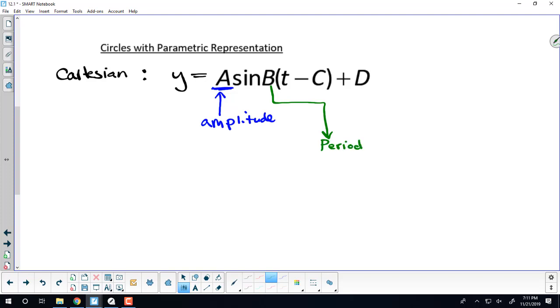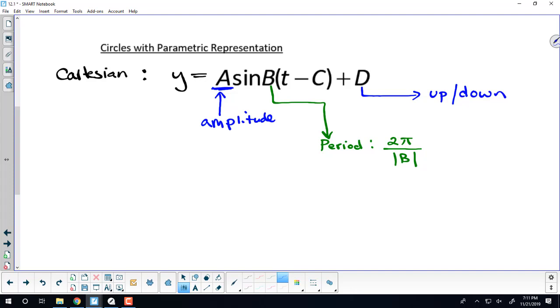Remember, for sine and cosine, the period is 2 pi over the absolute value of B. C was the phase shift, horizontal, left or right, and D was the up or down translation. So it's really A, B, and D that we're going to focus on when we look at a parametric equation for a circle.